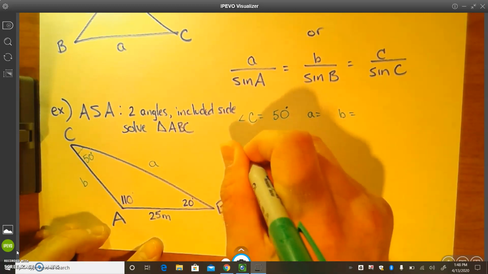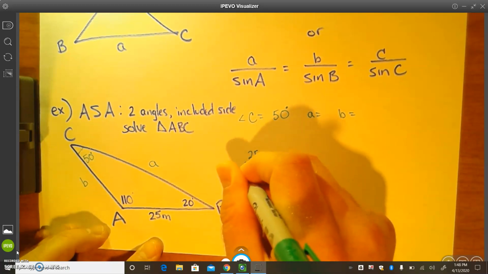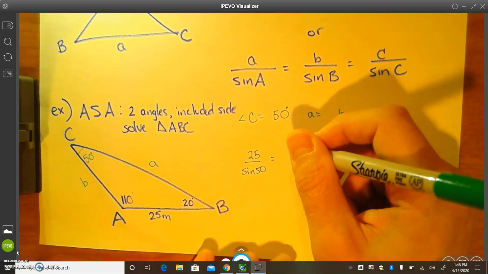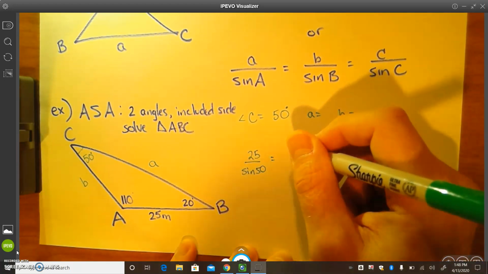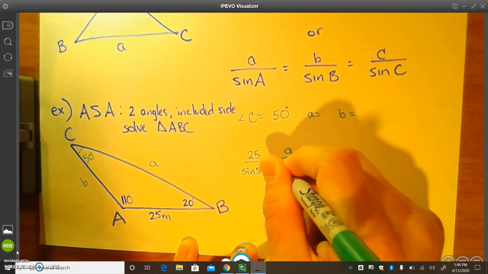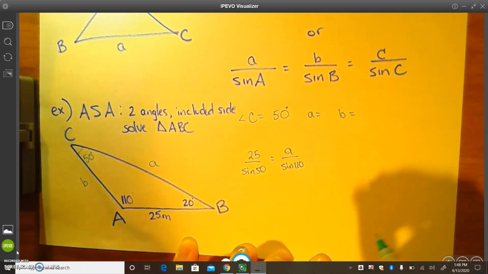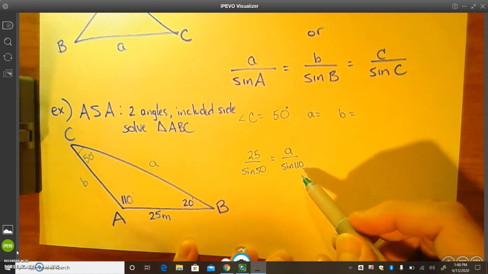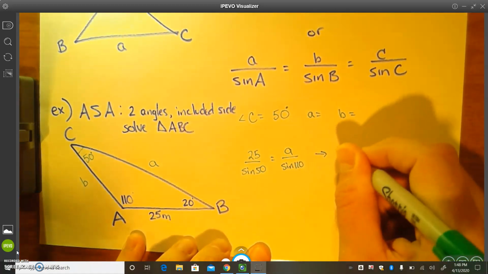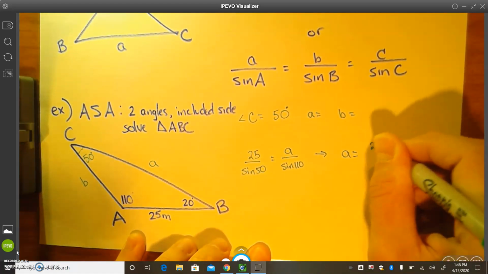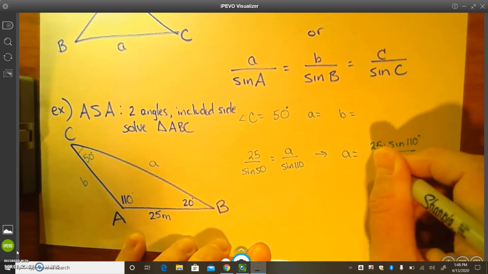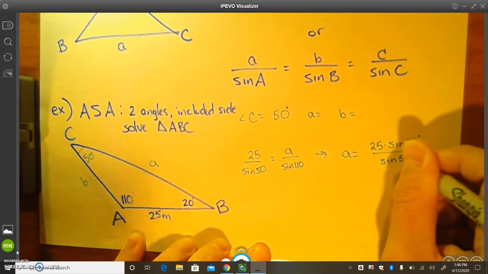So if I go 25 over sine 50, and I set that equal to, let's solve for side a first, a over sine 110, I now have an equation with only one unknown that I can solve. So a equals 25 times sine 110 degrees over sine 50 degrees.